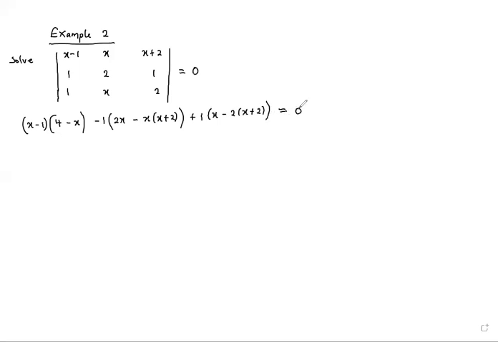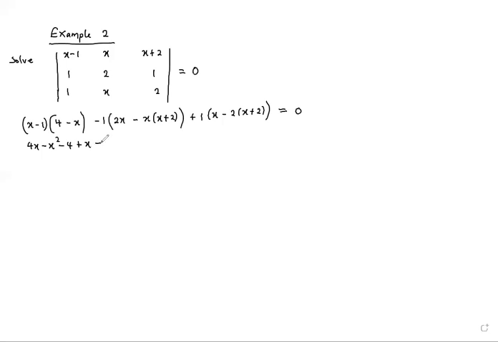Equate everything to 0, because this is the determinant equation. If the determinant is 0, equate the determinant equation to 0. And we expand. So x by 4, we get 4x. X by x, we get negative x squared, minus 4 plus x.